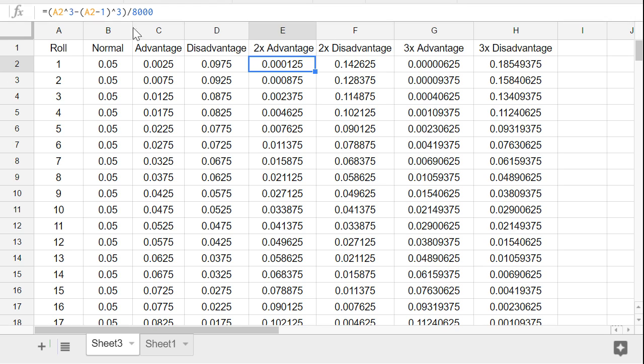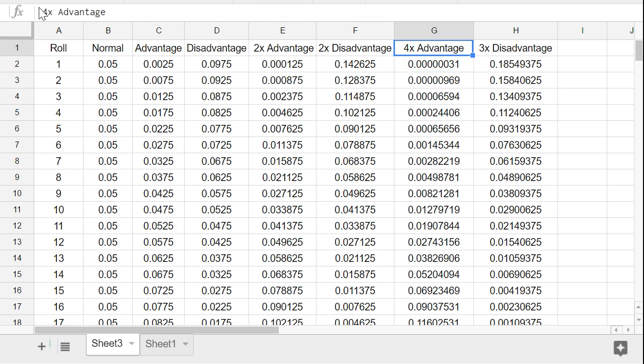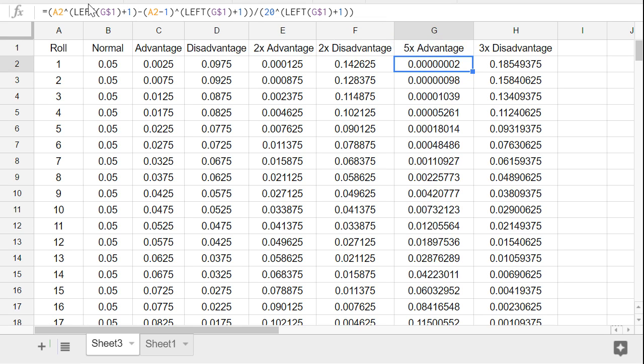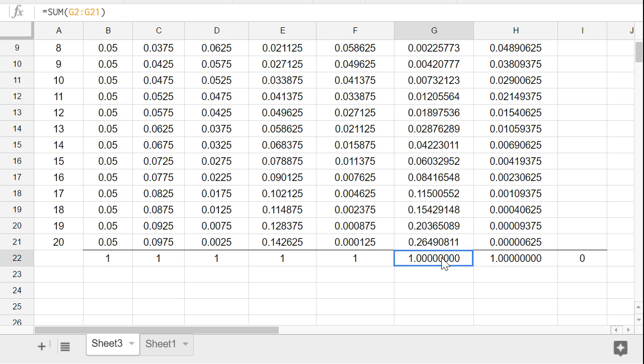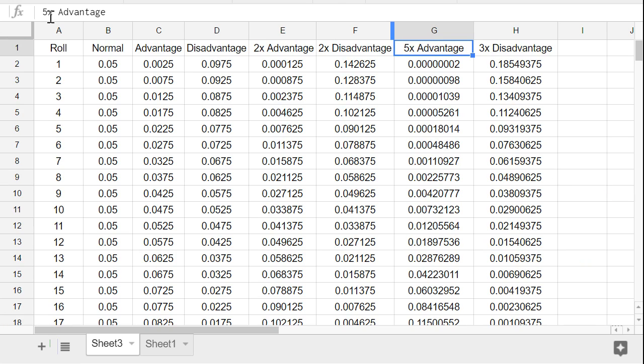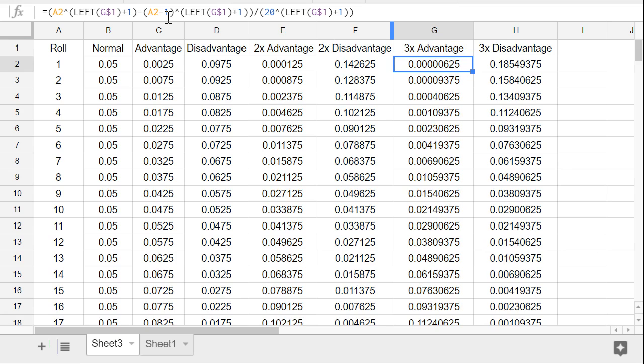So it's basically 2 plus 1 in all of these. That's why you've got left plus 1 in all of these. So if I want to look at 4 times advantage or 5 times advantage, I can just change one number. And you'll see in each case it adds up to 1, as it should. Oh, come on. I don't want to look at all the decimal places. Oh, well. There we go. We've solved it in general.